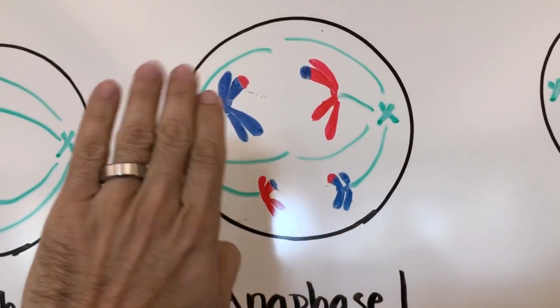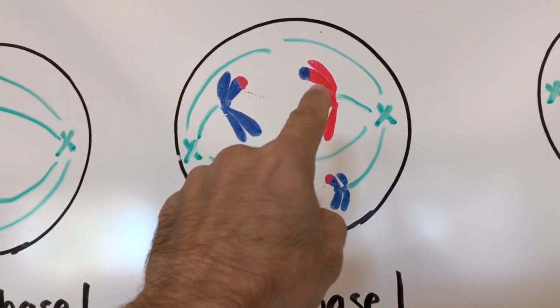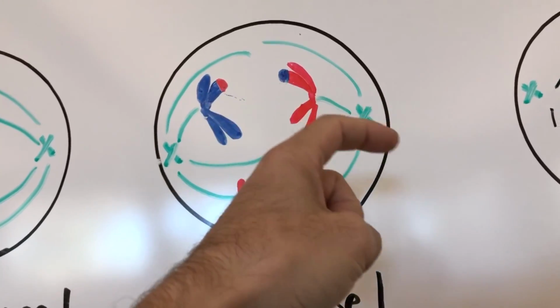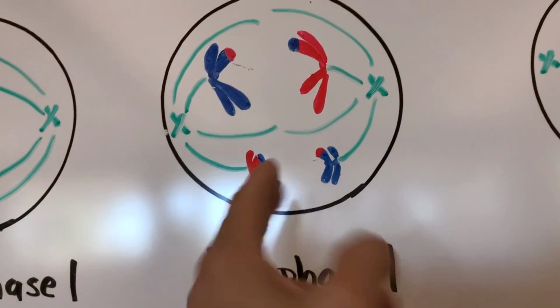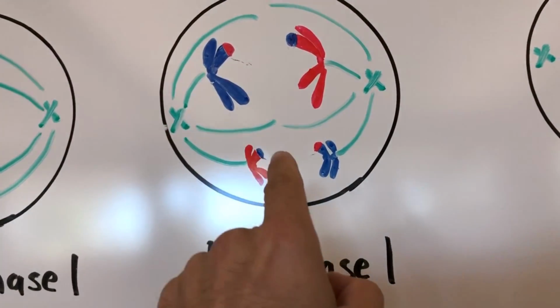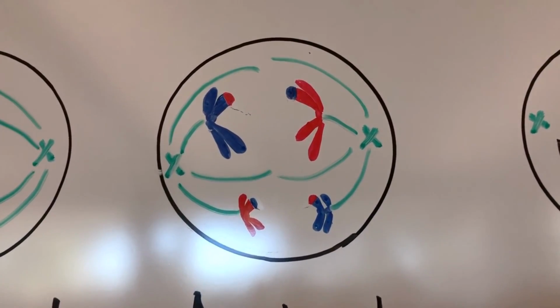So all of dad's information for chromosome 1 is headed to the cell on the left. All of mom's information for chromosome 1 is headed to the cell on the right. And if we're looking at chromosome 2, it's the opposite story. All of mom's information for chromosome 2 is headed to the left. All of dad's information for chromosome 2 is headed to the right. So this is going to result in 2 genetically different cells, right?